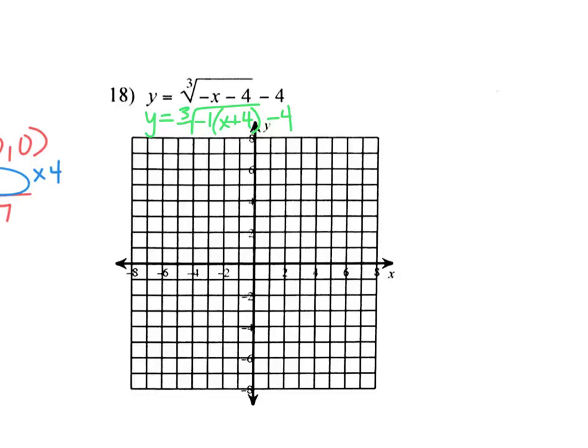That's equivalent. So I'm going to just start my normal place. I'm going to name my vertex, which is -4, -4. And then I've got a -1 on the inside. So cube root, let's go ahead and write our pattern. Cube root is plus minus 1 over 1, 7. Since this is on the inside, this is a horizontal change, which is a change to the run.